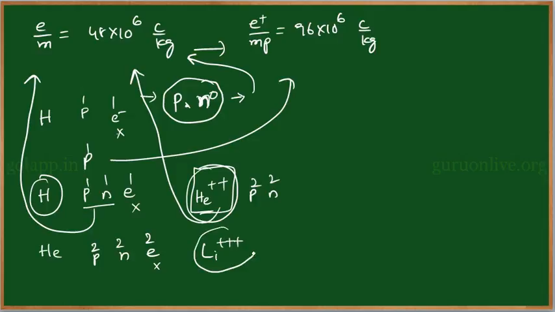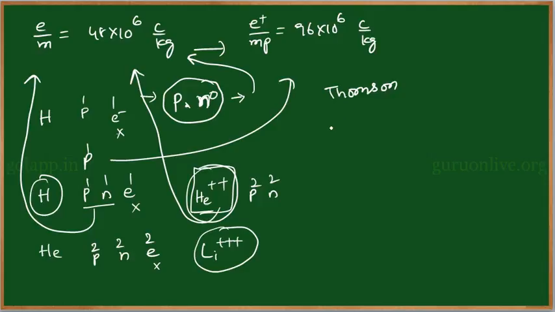So like that, the answer is not unique, but the particles which are going inside the field will look like these types. This is an experiment which was conducted by Thomson. Thomson is the scientist who found the existence of the electron.